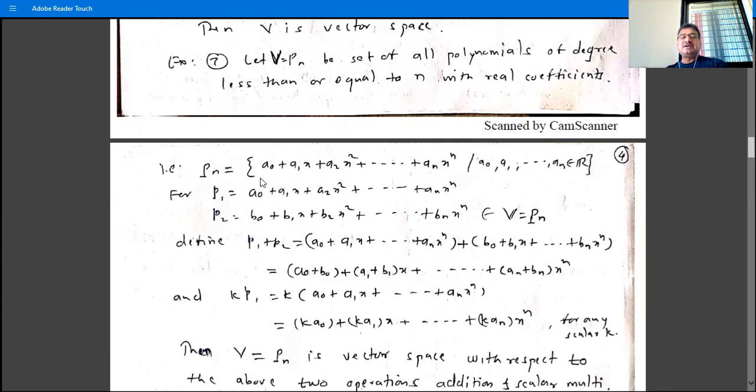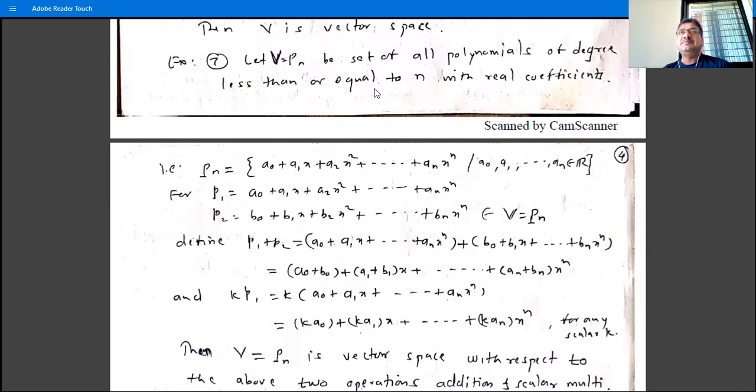So this is the set of all polynomials of degree less than or equal to n. This is not the set of polynomials of degree n. If instead we take the set of all polynomials of degree equal to n, then it may or may not be a vector space, because the addition of two polynomials of degree exactly n is not necessarily a polynomial of degree exactly n.